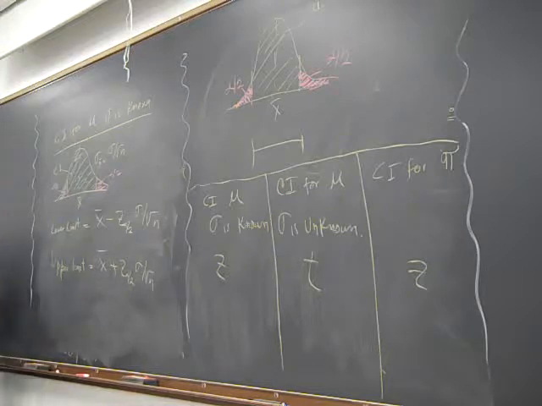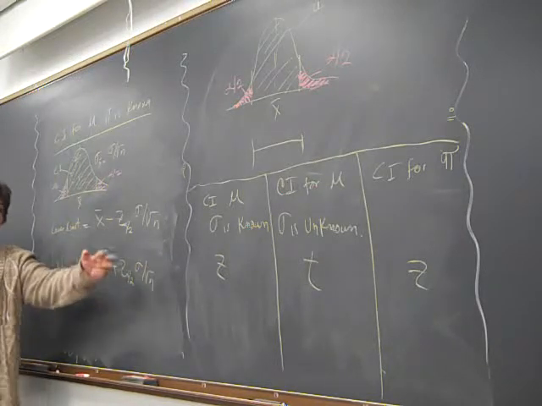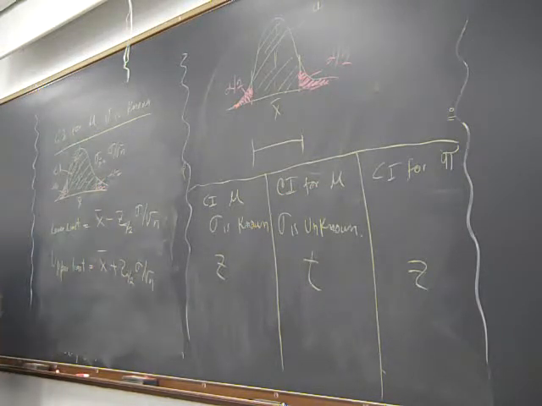So we have the sample size, we have sigma, the standard deviation of the population, and so this is my confidence interval. What is the confidence level? 1 minus alpha.